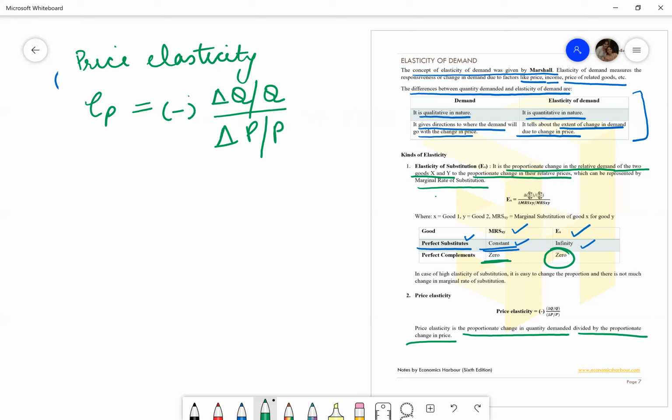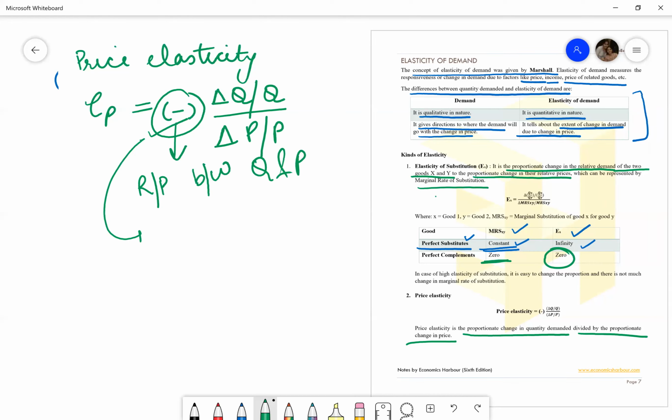Now this minus sign shows you the relationship between your quantity and price. It states that there is an inverse relationship between quantity demanded and price of the good. That is what is explained by this minus sign.